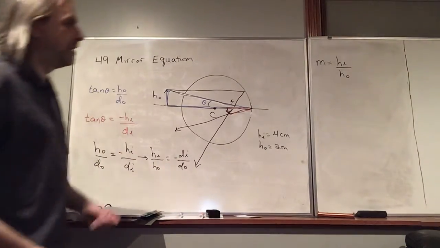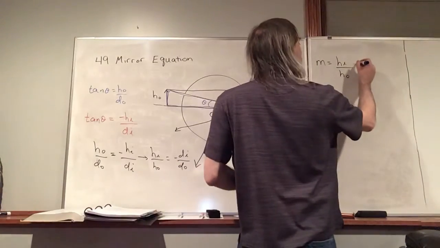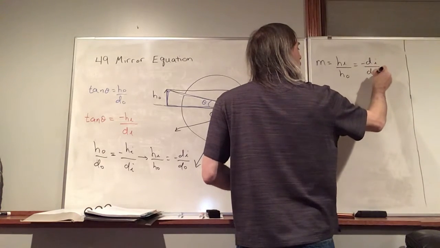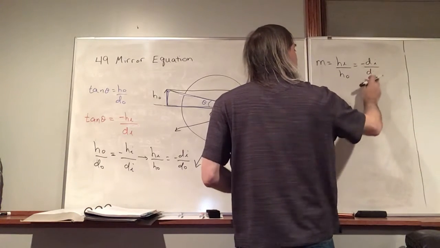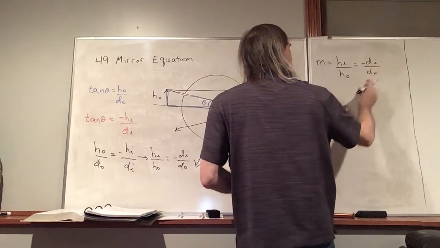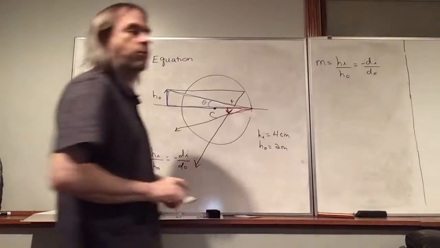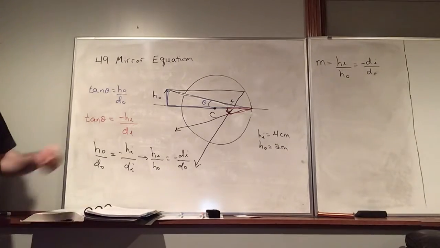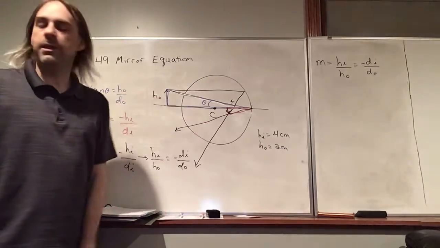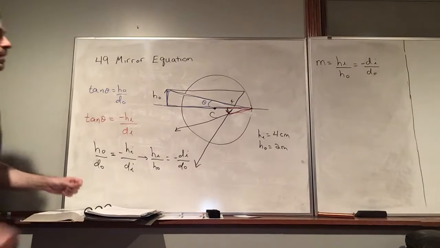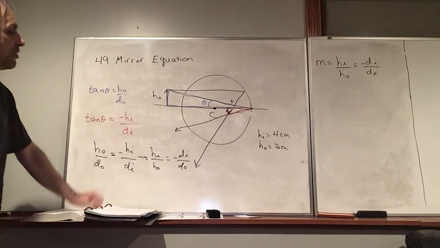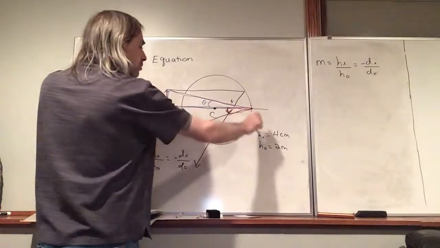So we can combine that and just put it over here. So this is the magnification equation. So we define magnification. We also see a relation between the heights of the object and the image and the distances of the object and the image. So that was just from looking at these two triangles.